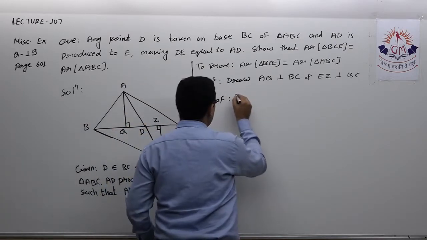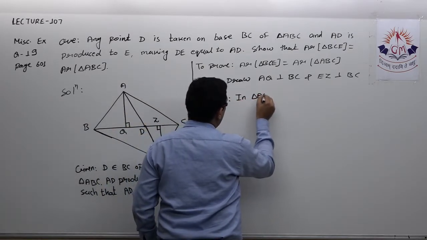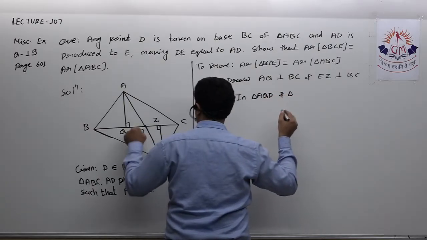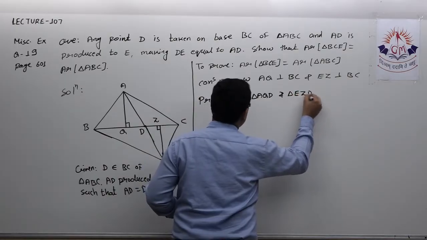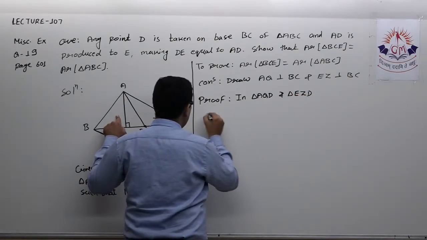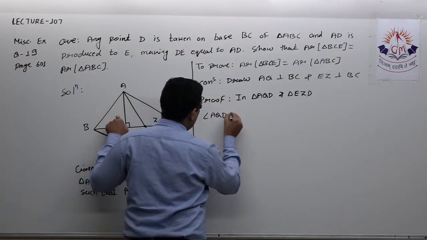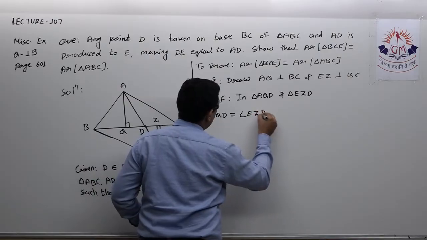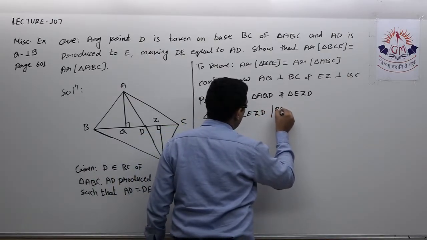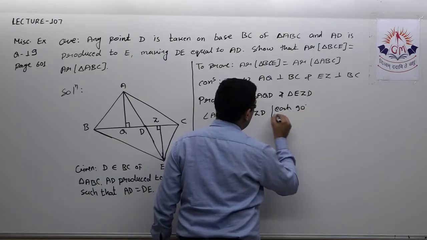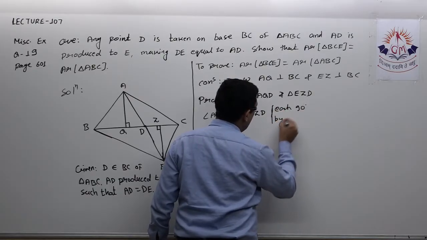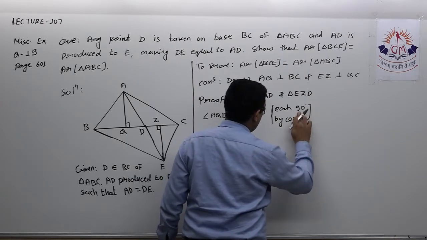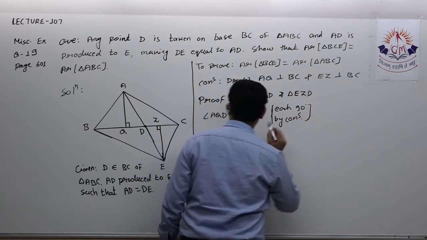In triangle AQD and triangle EZD, angle AQD is equal to angle EZD. Reason: each 90° by construction.